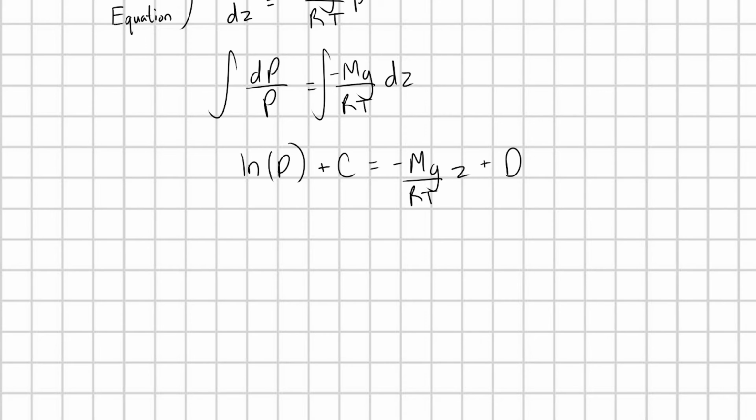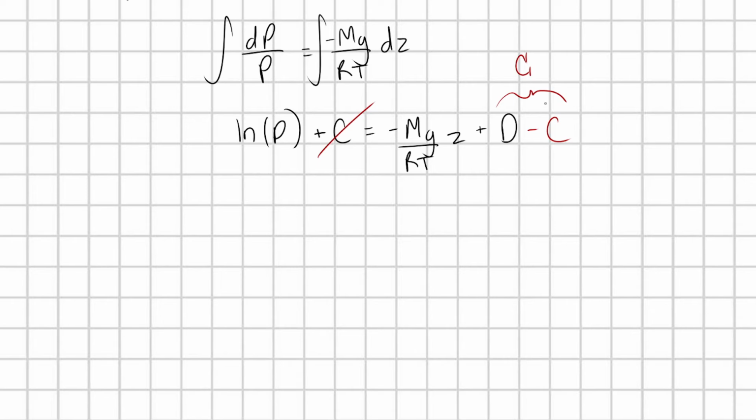But of course, if I subtract c from both sides, then we get a new constant on this right-hand side, which I'll just call this fancy c. And we're left with ln p equals minus mg over rt z plus c.